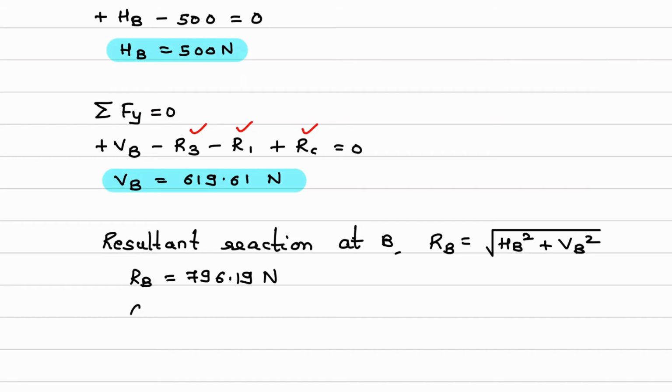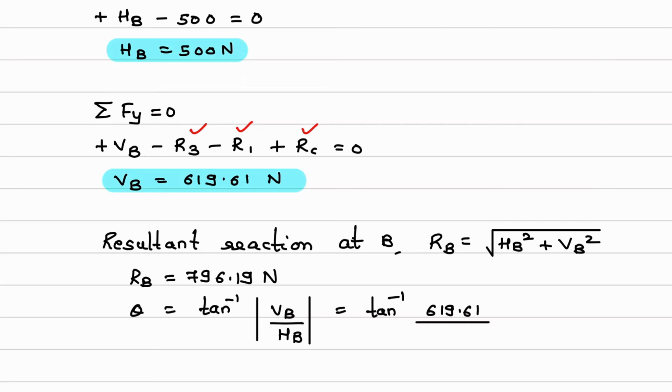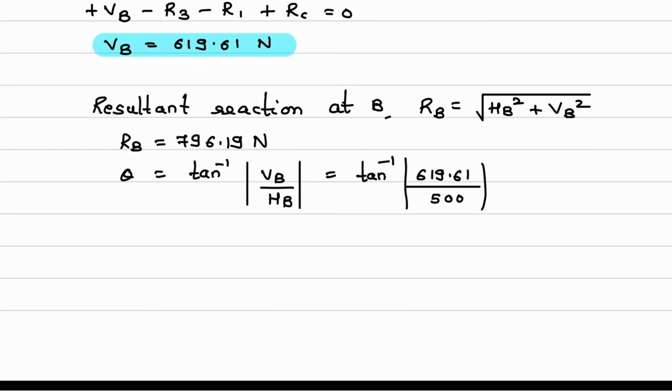Then we can calculate theta, which is tan inverse of mod of VB upon HB. Substitute the values here: tan inverse of VB value 619.61 divided by HB value 500. So here we can calculate theta, 51.1 degree.